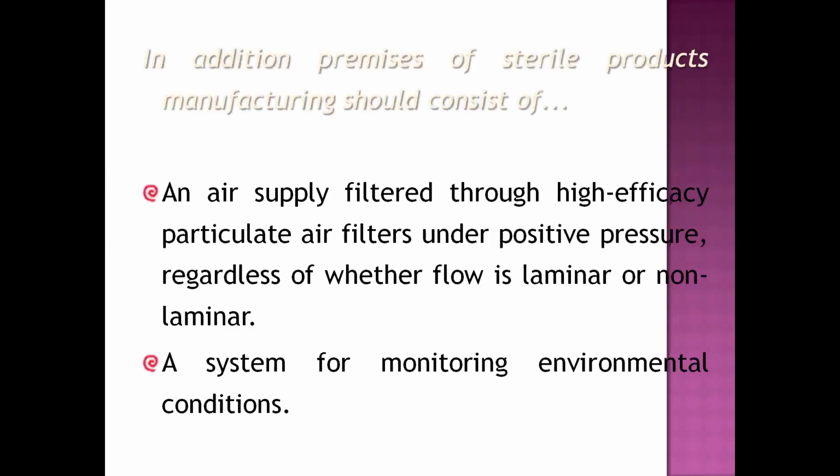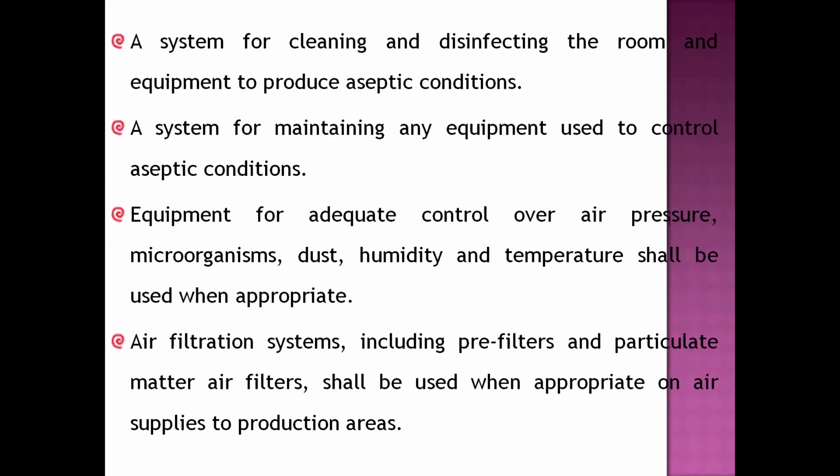In addition, the premises for product manufacturing consist of an air supply filtered through high efficiency particulate air filters, a positive pressure, and regardless of whether flow is laminar or non-laminar, that should also be taken care of. A system should be there for monitoring the environmental conditions, for cleaning and disinfecting the room and equipment, and for maintaining any equipment used to control aseptic conditions.